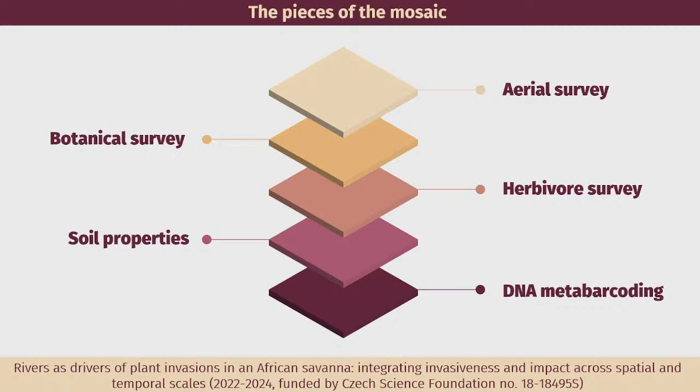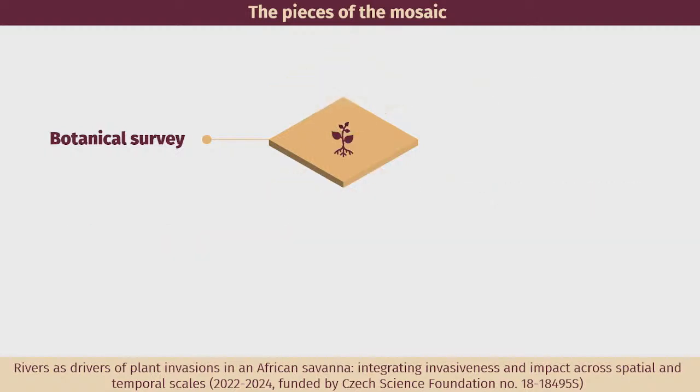My talk is a part of a broader project, and we studied different components of ecosystem as well as invasion, and I will focus here on botany, on plant species composition.